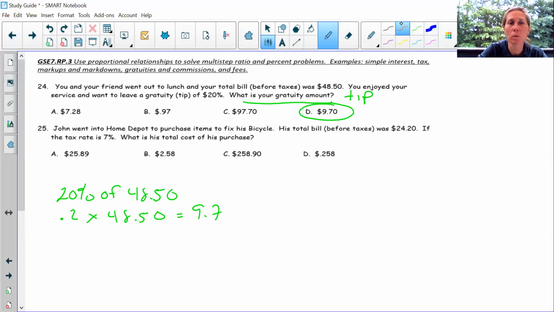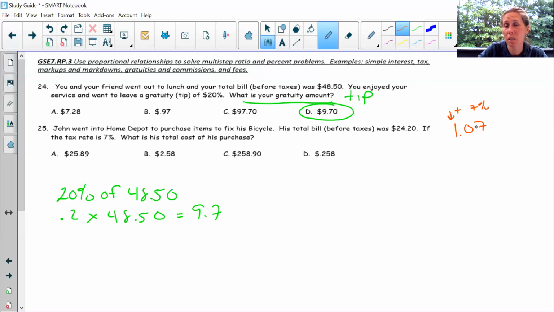Number 25. John went into Home Depot to purchase items to fix his bicycle. His total bill before taxes was $24.20. If the tax rate is 7%, what is his total cost of his purchases? Now, remember we learned 2 ways. Number 1, I'm going to find the tax, then add it to the original amount, or I can multiply by 1.07 because that's your total amount plus your 7% tax.